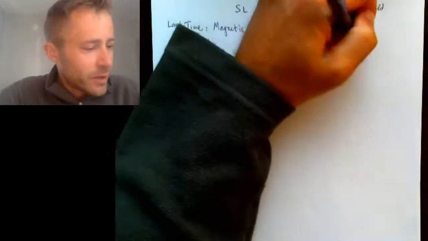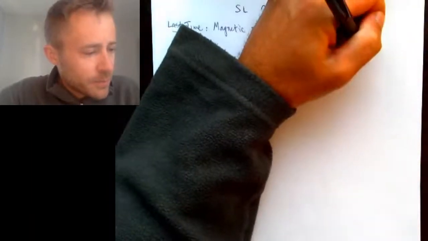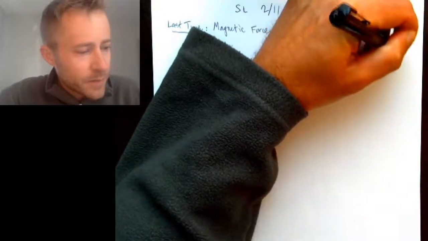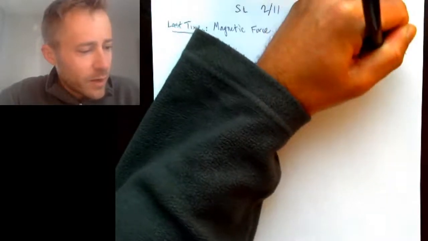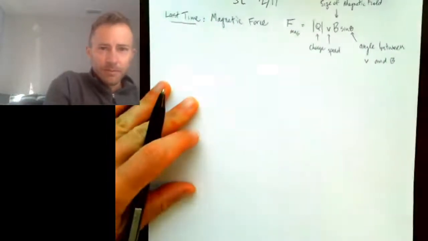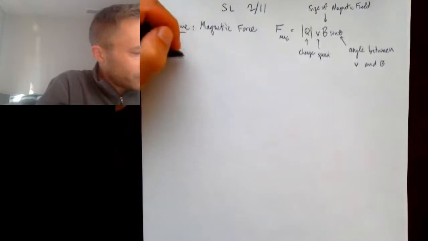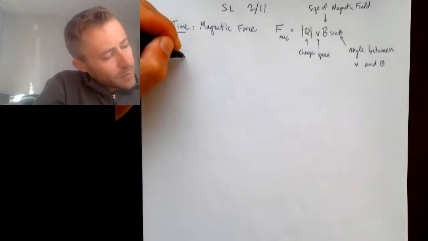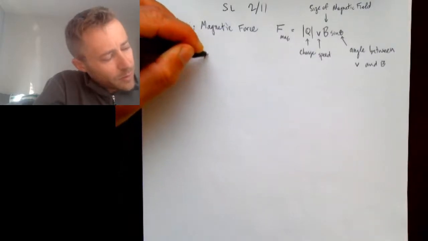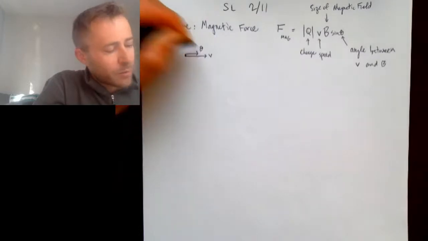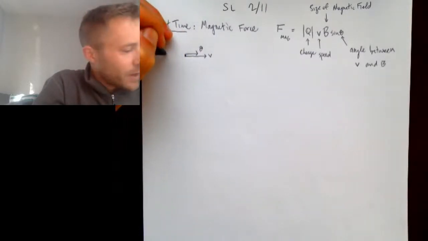And this is the angle between the velocity and the magnetic field. So, for example, if you had a situation where the velocity is pointed this way, and then the magnetic field is pointed this way as well, then that has theta equals 0 degrees.